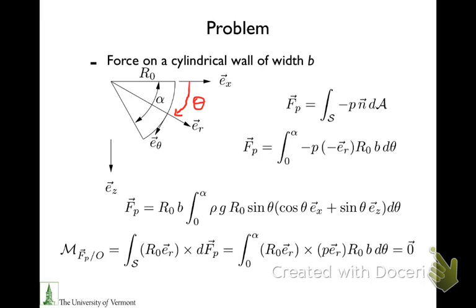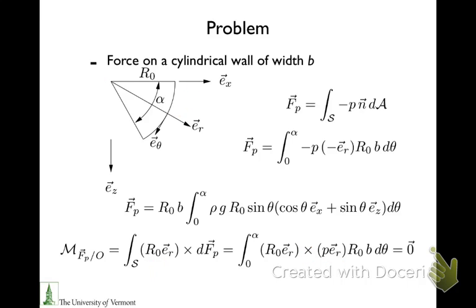The first thing that we can note is that if we calculate the moment of Fp with respect to O, the origin of our frame of reference, we note that since dFp is parallel to e_r, and this is R, the vector R in our moment equation, we have the cross product of two parallel vectors, which is equal to 0.